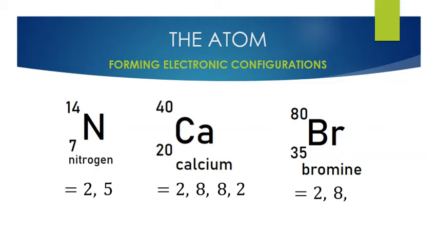Of course, yes. 18 is less than 25, and so we'll include that 18. Now, after we subtract 18 from 25, we're left with how many electrons? 7. And this completely exhausts all the electrons of bromine. And so this is the electronic configuration of bromine.